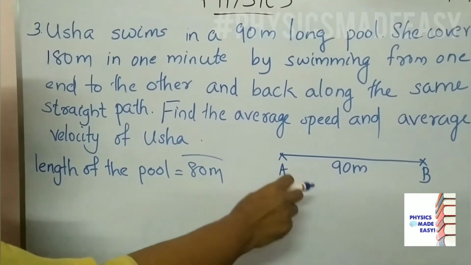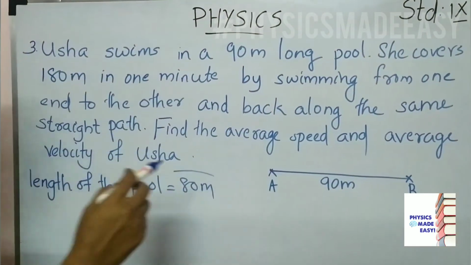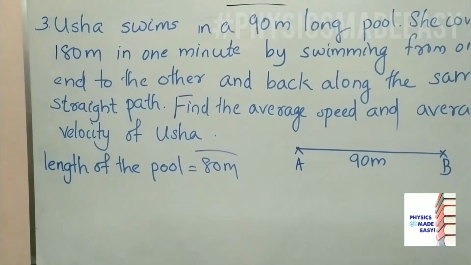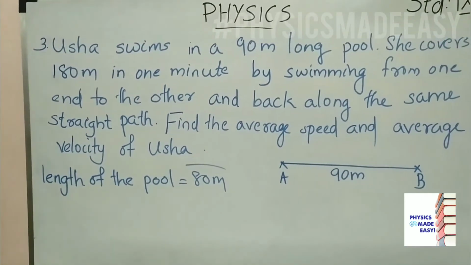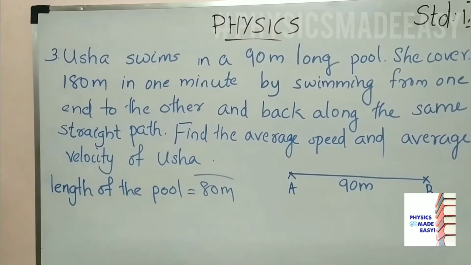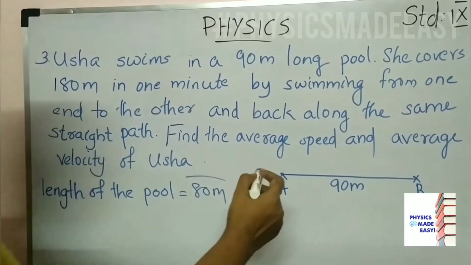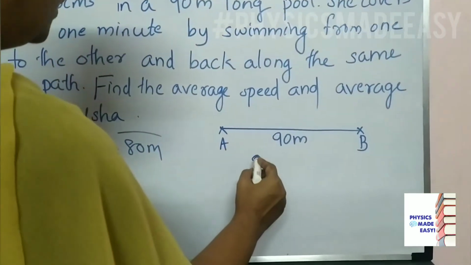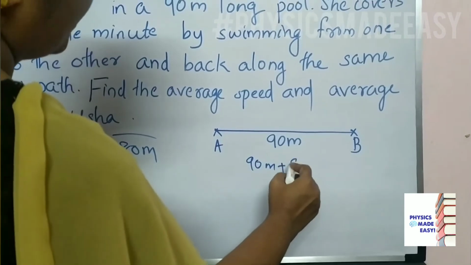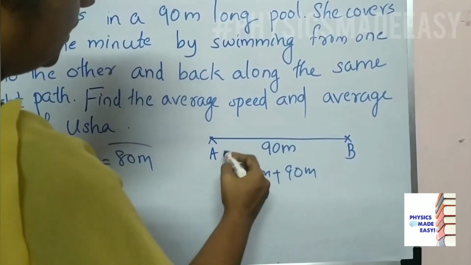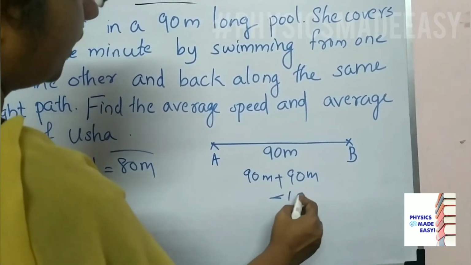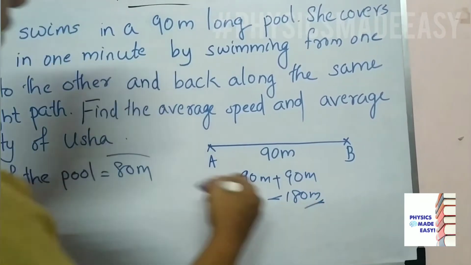The length of the pool is given as 90 meters. Then it is given that she covers 180 meters in 1 minute. That 180 meters means from A to B 90 meters, then coming back again 90 meters from B to A.